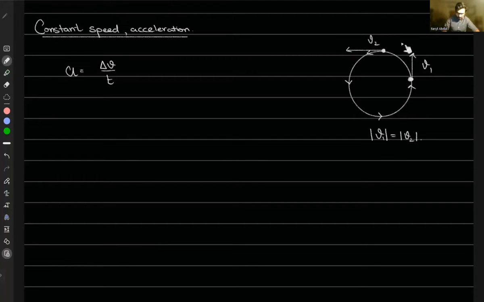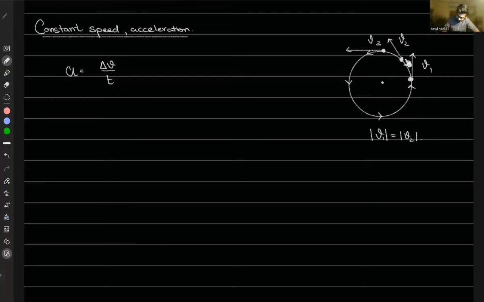Let's draw this path as well, where it might be moving something like this. And let's call this one v3, and just renaming these velocities, here we have v2, right?